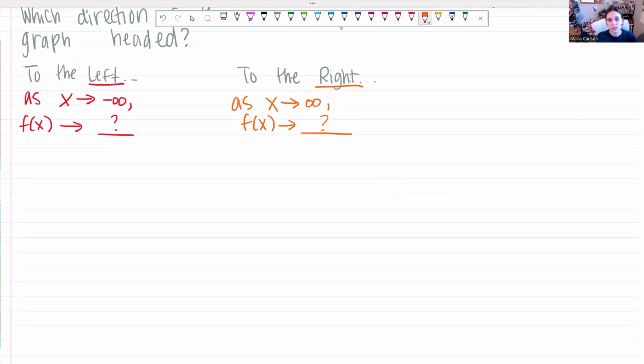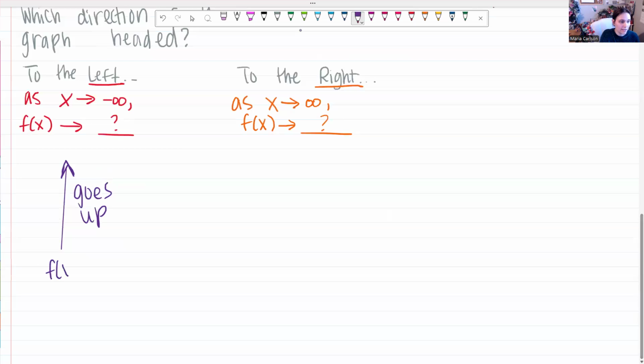As we go to the left or to the right, perhaps our graph is increasing. It is going up, or it goes up.